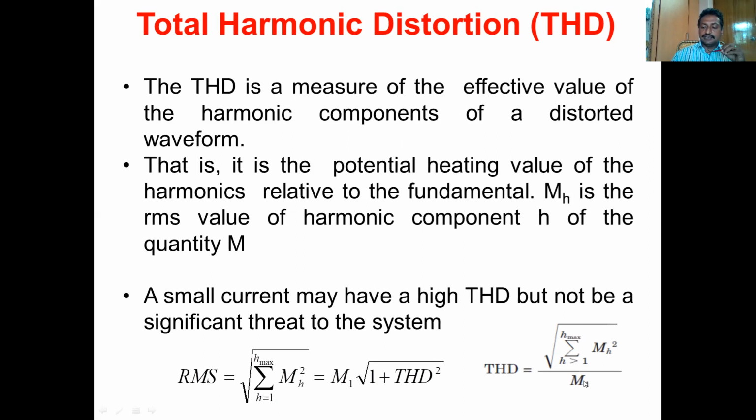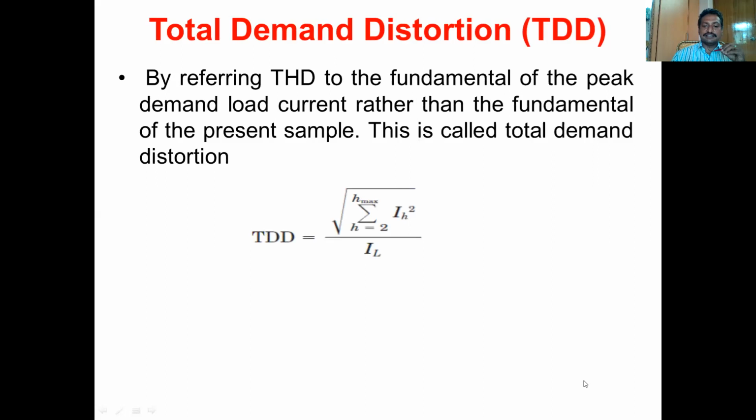Here we use M1, but there we don't use M1, we use IL. So in the place of total harmonic distortion, where we use I1, in case of total demand distortion we use IL. Nothing but the fundamental of the peak demand load current rather than the fundamental of the present is called total demand distortion.